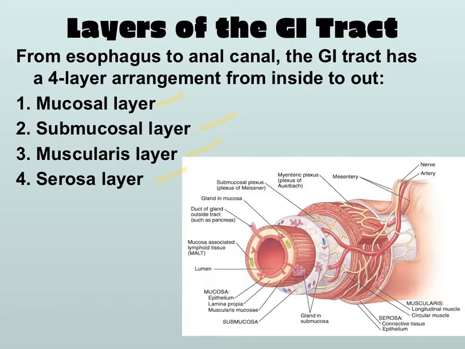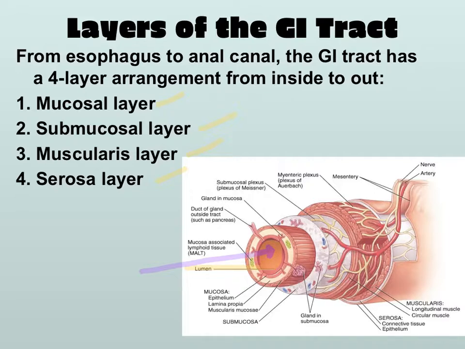So when I talk about the lumen out or inside out, what we're really talking about here is this portion right here. We call that the lumen, and if you think of your GI tract as a tube, which it really is, it's coiled up in certain places, but it's an opening in the middle.